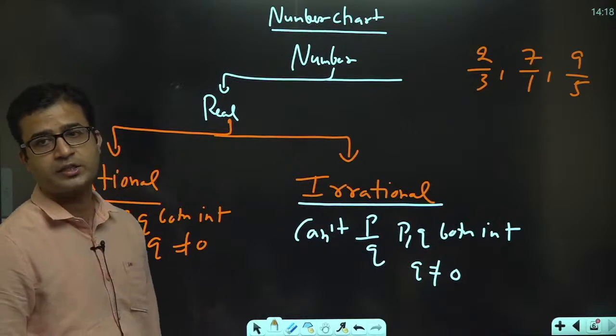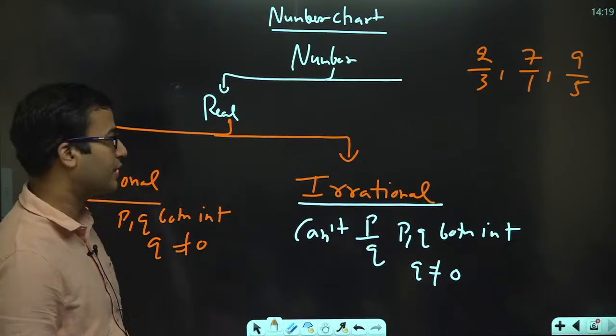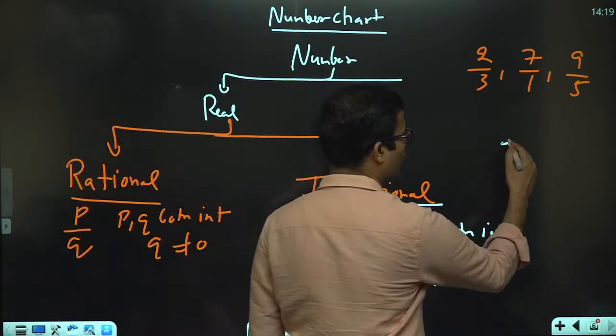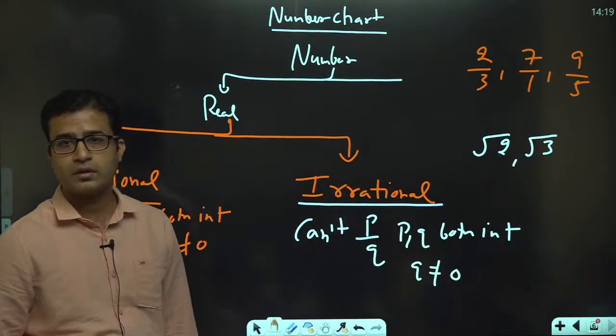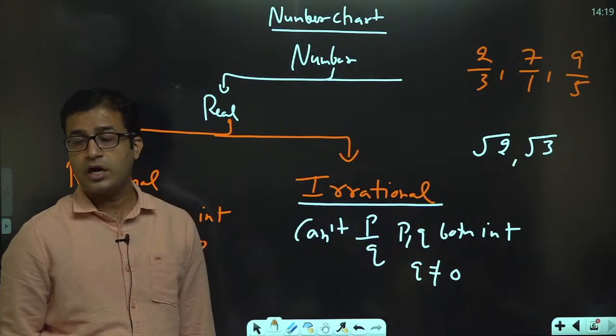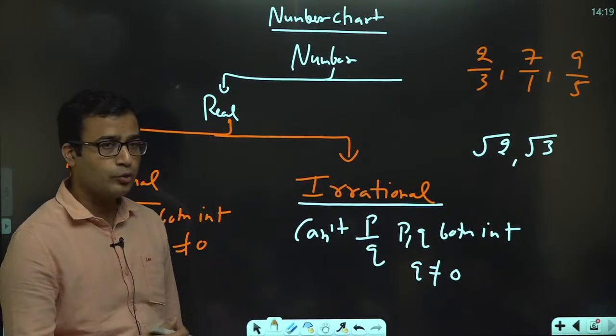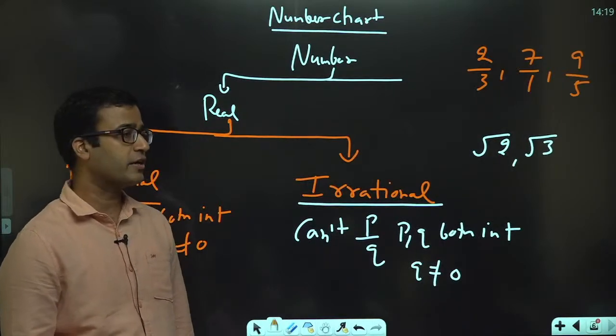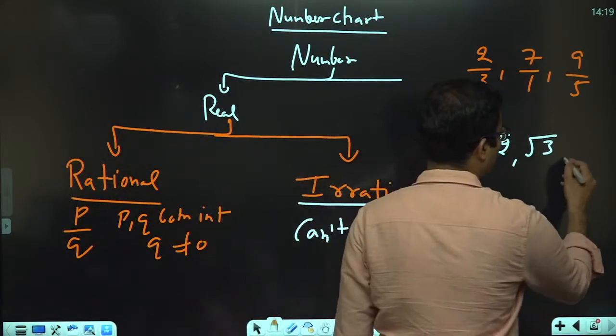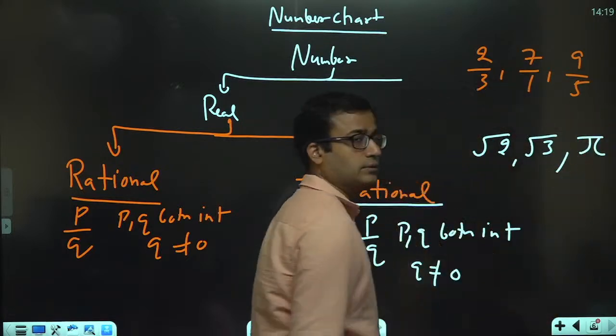I give you examples of irrational numbers like under root 2, under root 3, under root 5, cube root of 2, cube root of 3, cube root of 7. All these are irrational numbers. Even pi.